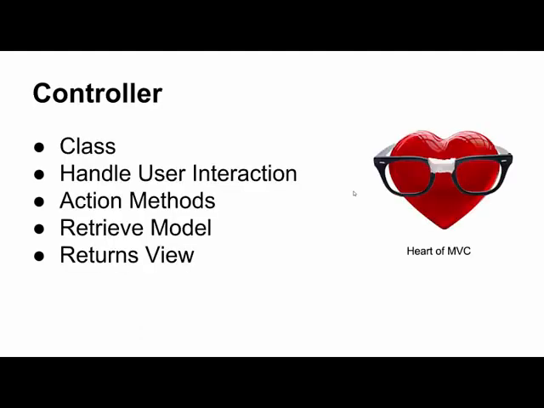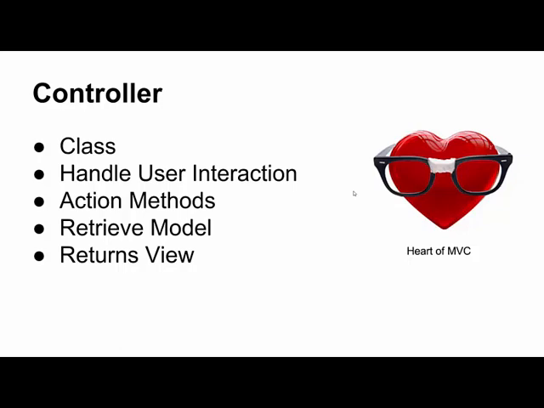Now let's take a look inside each of these. So let's start off with controller. Controller is basically the heart of an MVC application. It's simply a class, and it has all these action methods. So depending on what you are requesting, an action method is called, and inside the action method what we will be mostly doing is retrieving the model and returning the view.